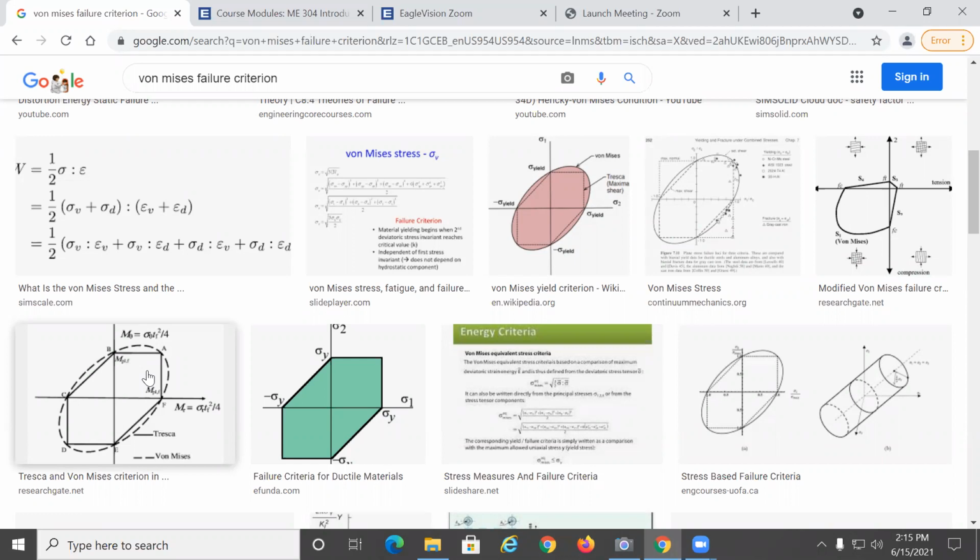This will be the Tresca. Principal stresses. Tresca is, let's see, like this, like this, like this, like this, like this. So this is the Tresca, max-min shear stress.